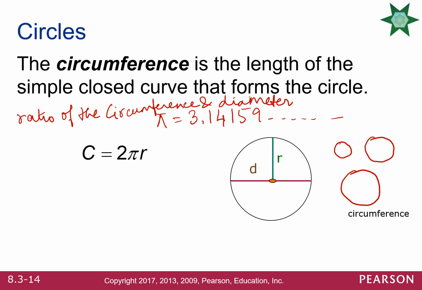Another measurement taken on circles is the area, that is the bounded region inside the circumference, and area, represented by A, is the constant pi multiplied by r squared. Pi r squared is the area of a circle.